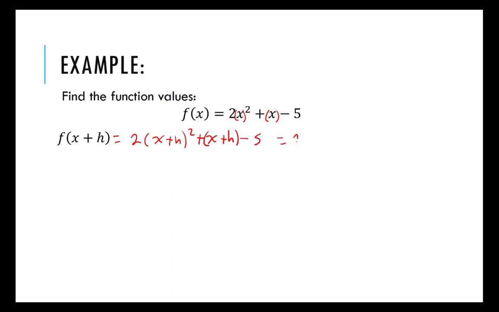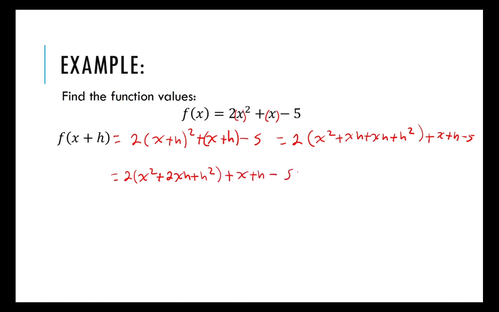That's then going to be 2 times x squared plus x times h plus x times h plus h squared plus x plus h minus 5. Clean up this x times h. That's going to be 2 times x squared plus 2xh plus h squared plus x plus h minus 5.